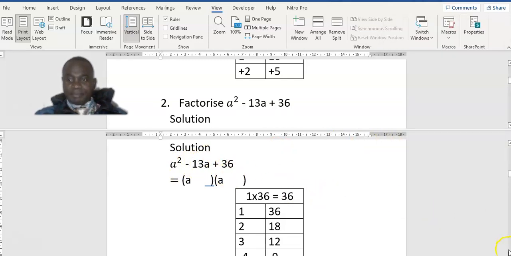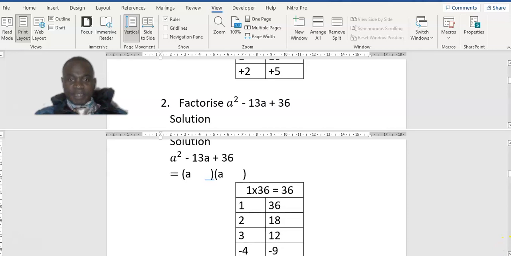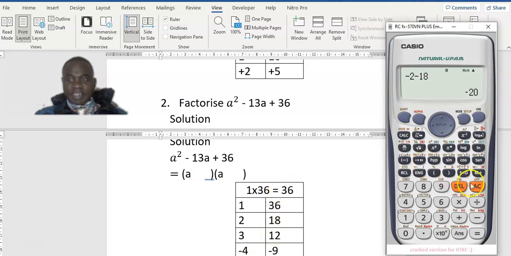Then we move on to 3. So 3 times what number will give us 36? How are you going to do it? You say 36 divided by 3 gives us what? 12. Alright, so let's see whether 3 plus 12 is going to give us minus 13.